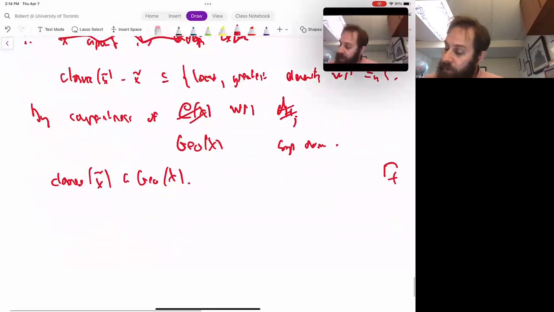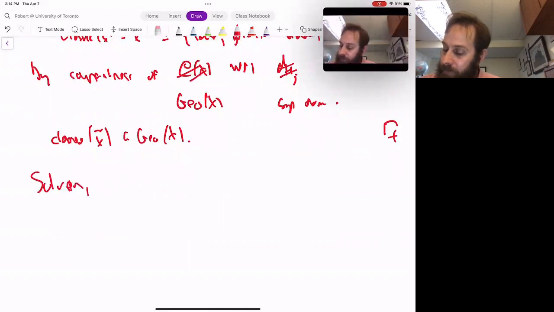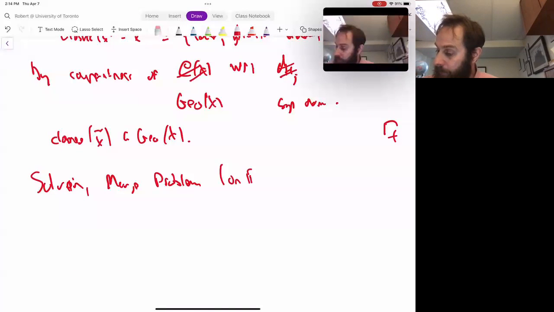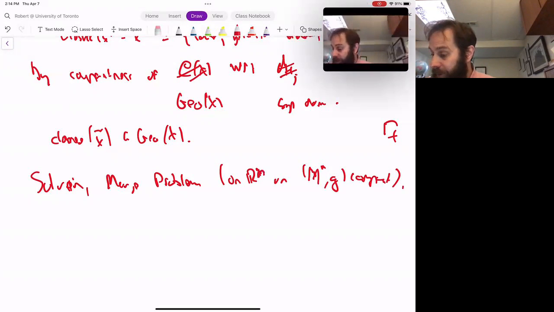So more or less the picture is now, I want to solve Monge's problem. Solving Monge's problem on Rn, or a compact Riemannian manifold. Probably for simplicity, I would assume the measures to be compactly supported if I wanted to work in Rn.